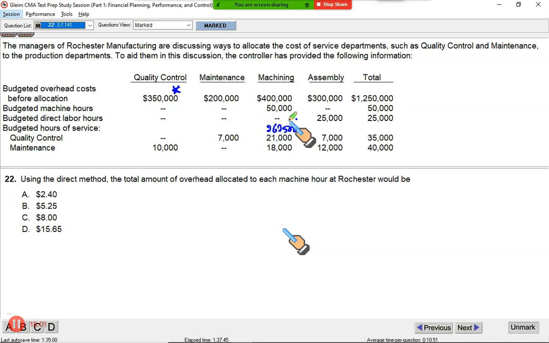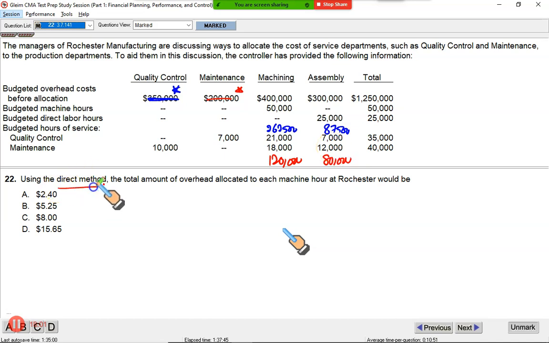And 350s, 25% goes to assembly. And this 350 is gone. Then this $200,000 is split into 60% and 40%. If you convert the 60%, it is going to be 120 here, and 80,000 would be here. That's what we've just done. This is the direct method, gentlemen.